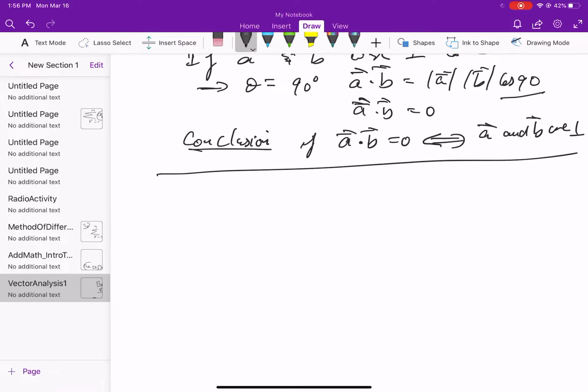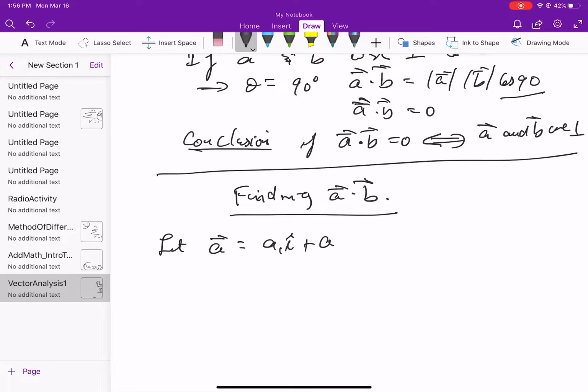Finding A dot B. Let the vector A be given as A1 i plus A2 j plus A3 k. And we're going to let the vector B be equal to B1 i plus B2 j plus B3 k.